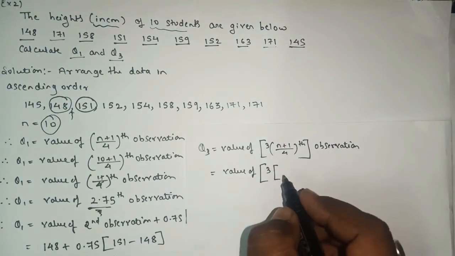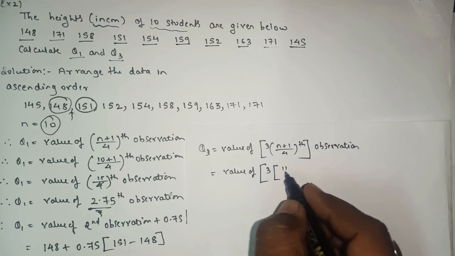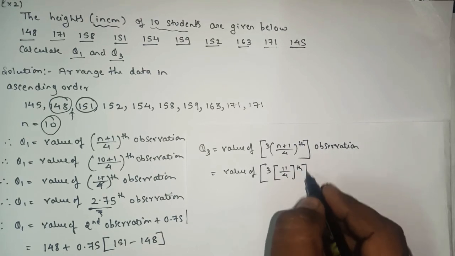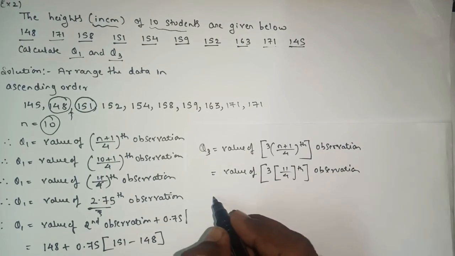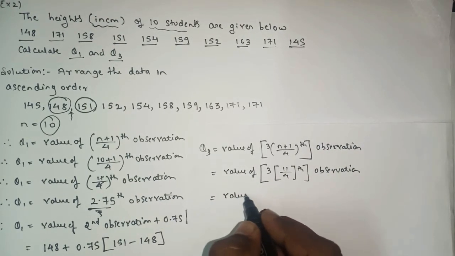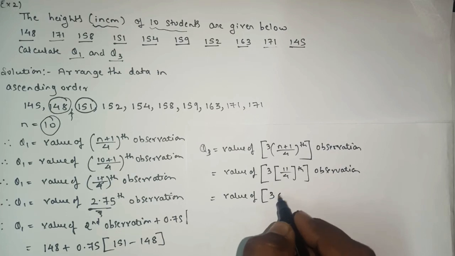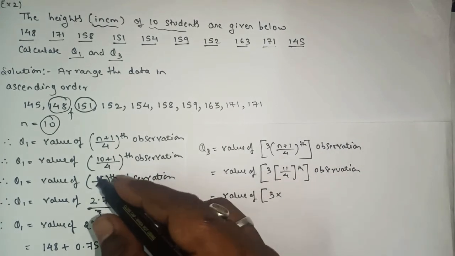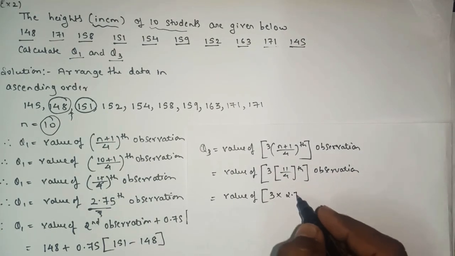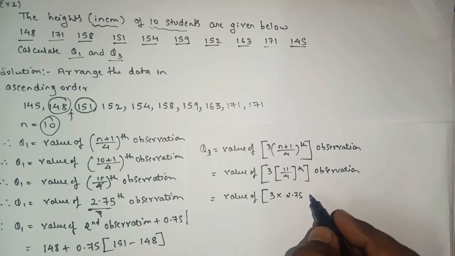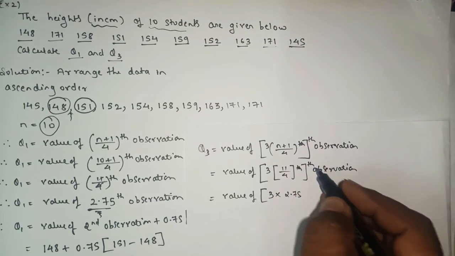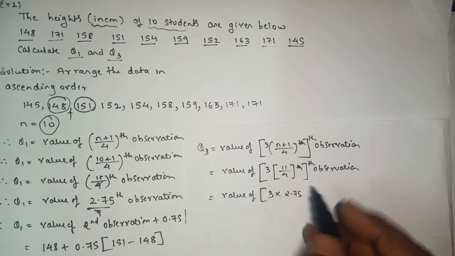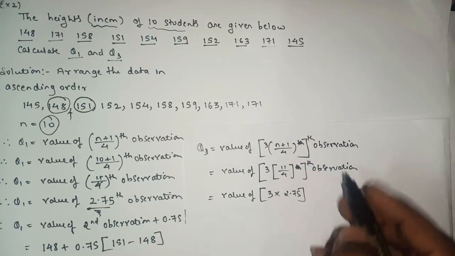It is 10. So 3 into 10 plus 1, it is 31 by 4. Yes or no? So therefore value of 3 into, just now only we got this answer, that is 11 upon 4 is what? 2.75. Yes or no? This will come outside. 2.75.